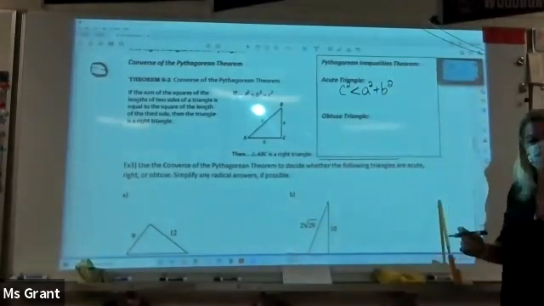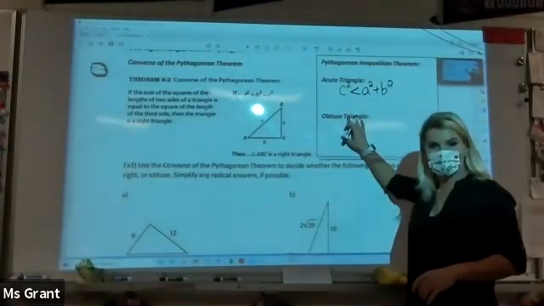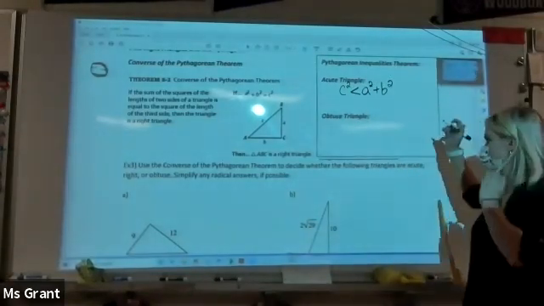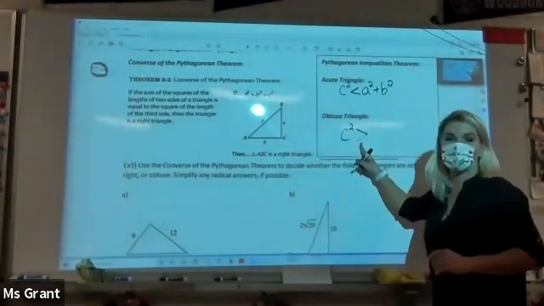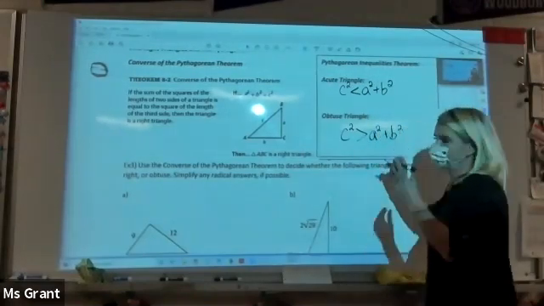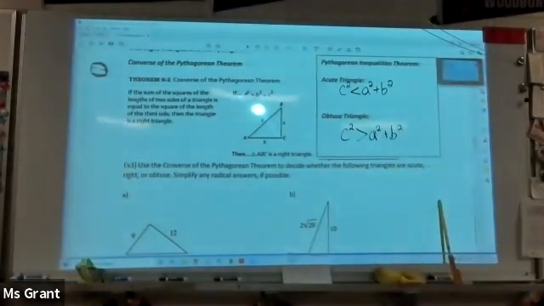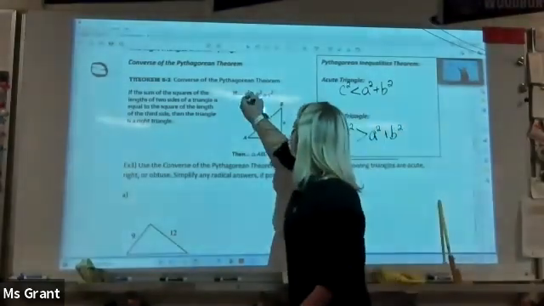And we just saw in that demonstration I did. In an obtuse triangle, my hypotenuse is way big, greater than my two legs, right? So what I'm going to do is I'm going to go through these triangles down here, and I have to decide, because if it's right, they're equal.